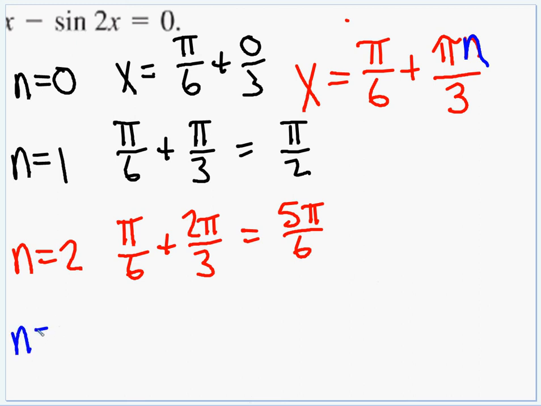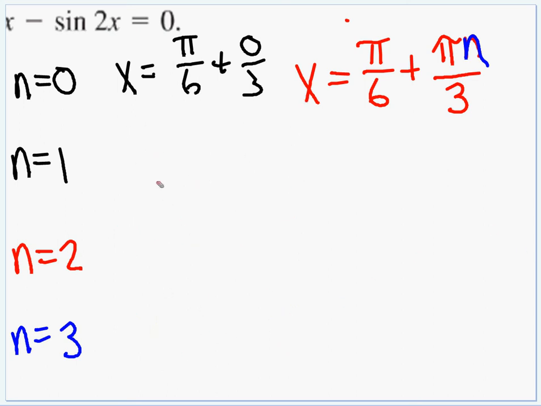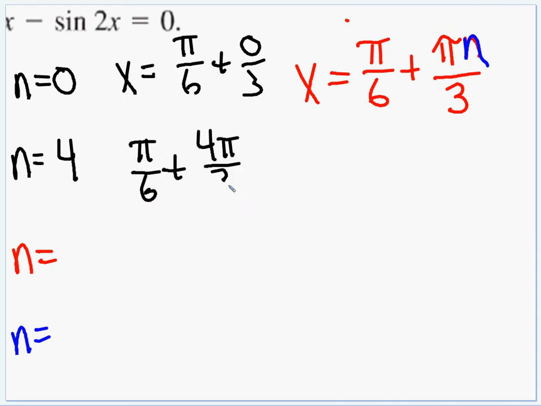If n is equal to 3, you're going to have pi over 6 plus 3 pi over 3, or just pi. And if you add pi and pi over 6, you get 7 pi over 6. So we're more than halfway around the unit circle. If we continue on and let n equal 4, that becomes 1/6 pi plus 4 pi over 3.